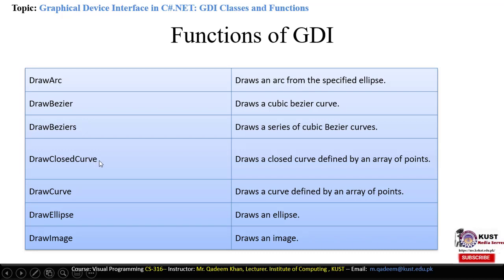Draw closed curve. The draw closed curve draws multiple curves, and all curves will be closed. So here the draw closed curve function uses an array of different points to draw the closed curves. And the first point and the last point will be joined with each other.